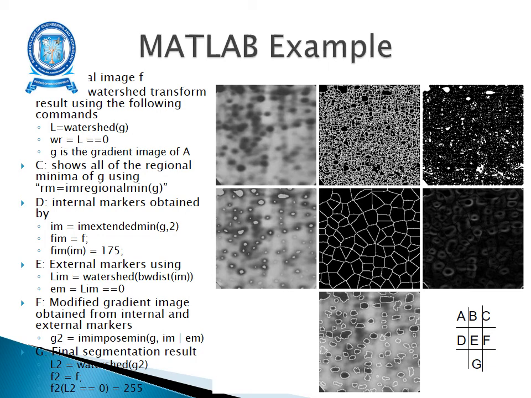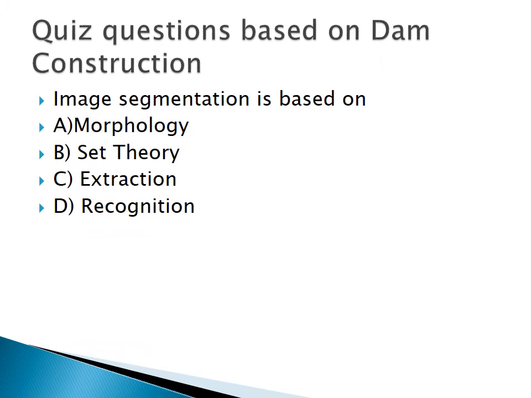Image C shows the regional minima, image D shows the internal markers, image E shows the external markers, image F shows the modified gradient obtained from the internal as well as external markers, and G is the final segmentation result. Alright, so this is one good example by executing MATLAB.